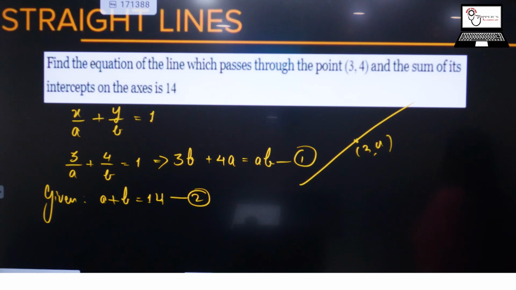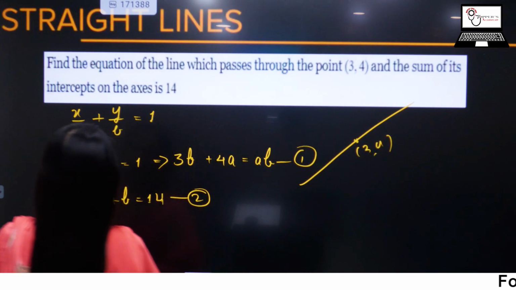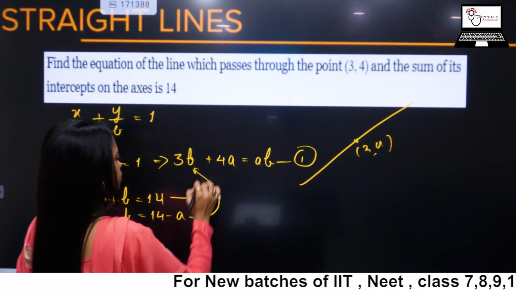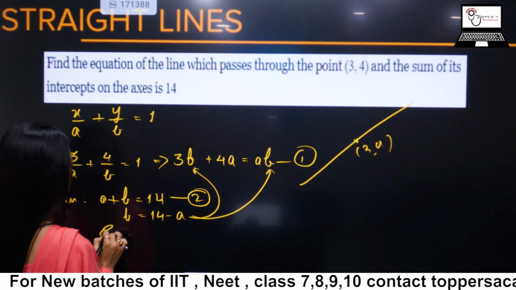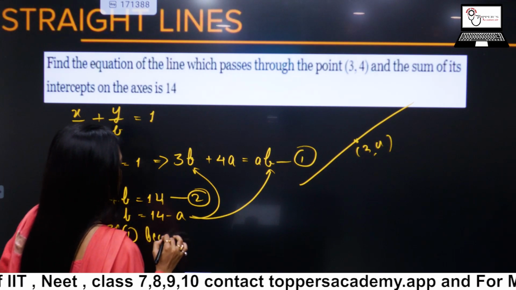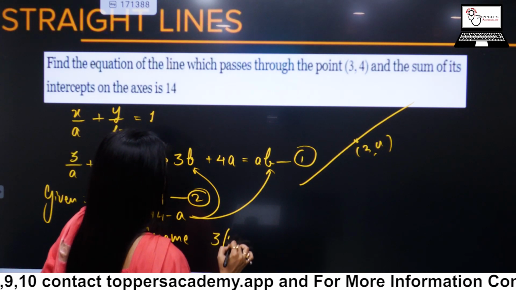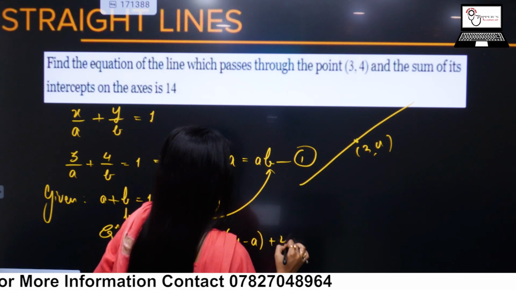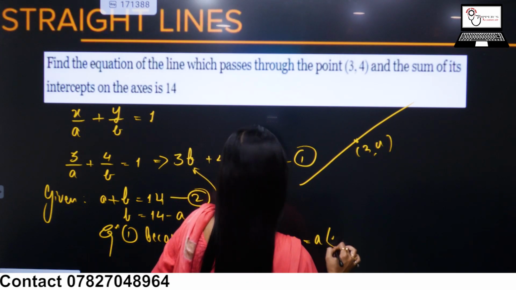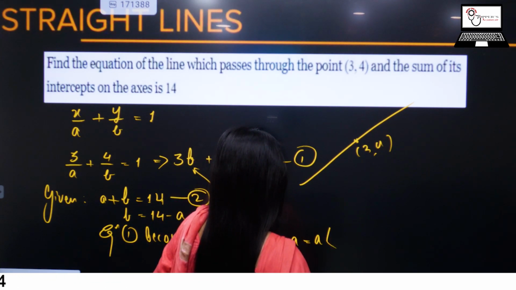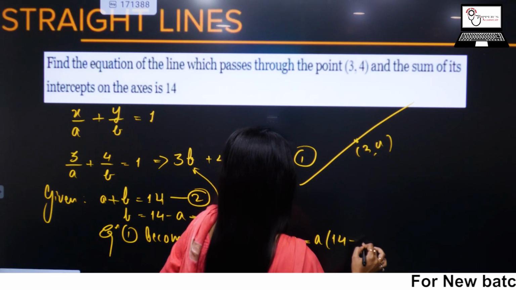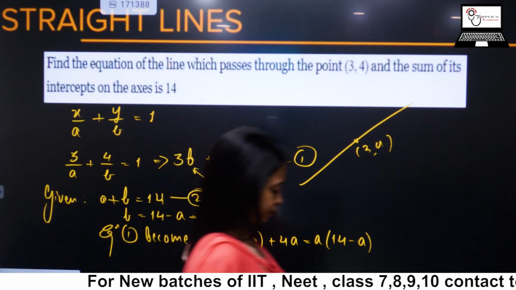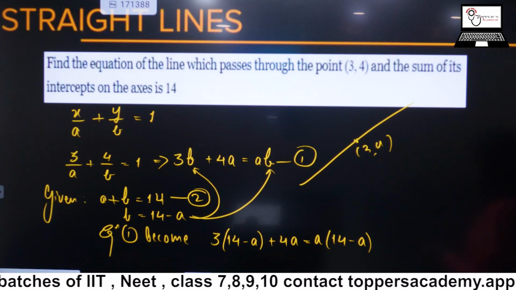Find the value of either A or B, let's say, from equation 2, and substitute here. So equation 1 becomes 3 times (14 minus A) plus 4A is equal to A times (14 minus A), right? Solve this. Come on, I am giving you some time. Solve it for A.